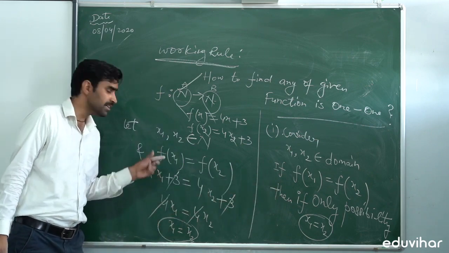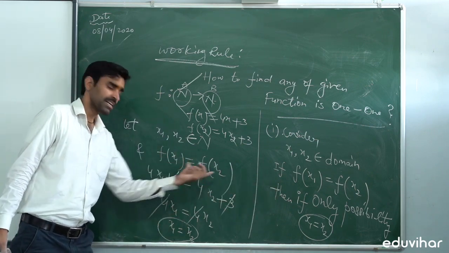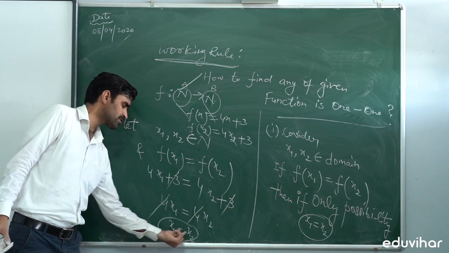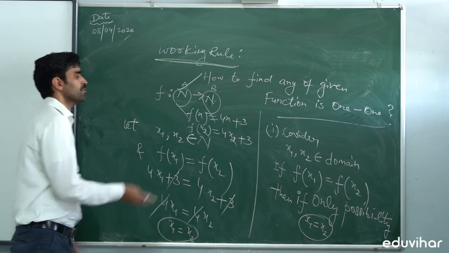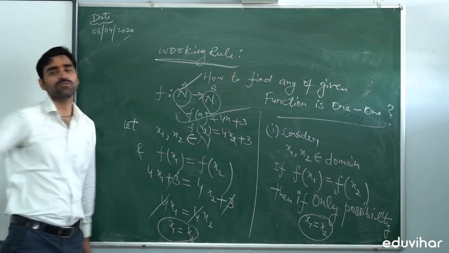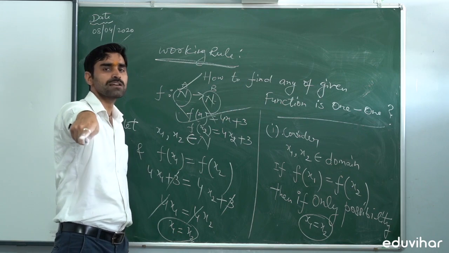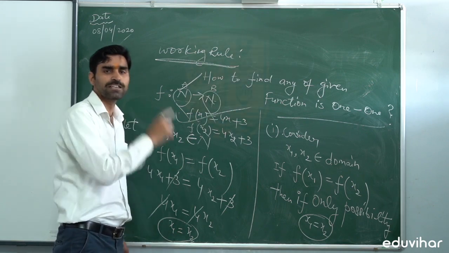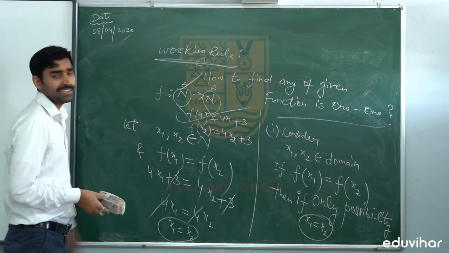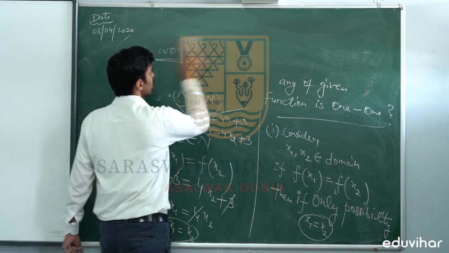If we have taken f(x1) equal to f(x2) and at last we got x1 equal to x2, so the given function f(x) equal to 4x plus 3 for the set of natural number to natural number must be a one-one function.